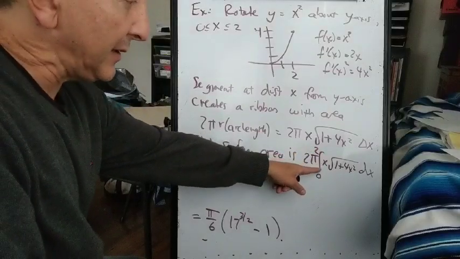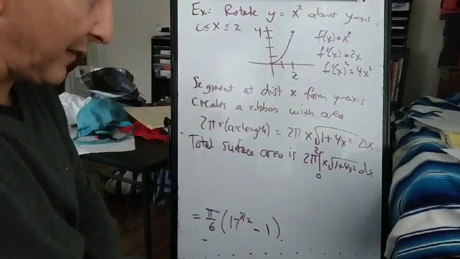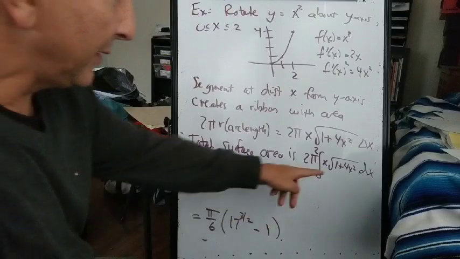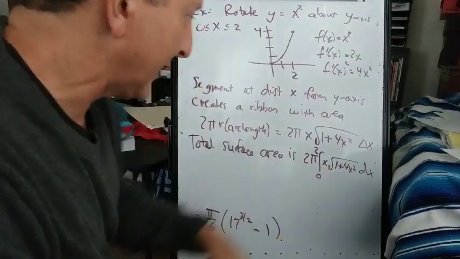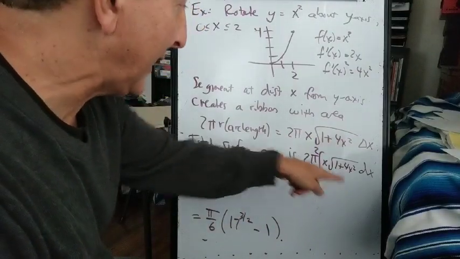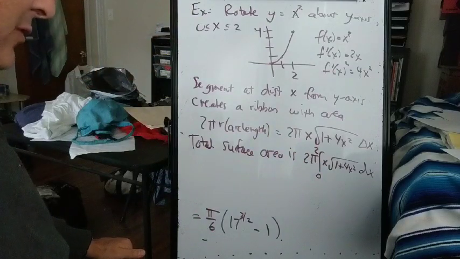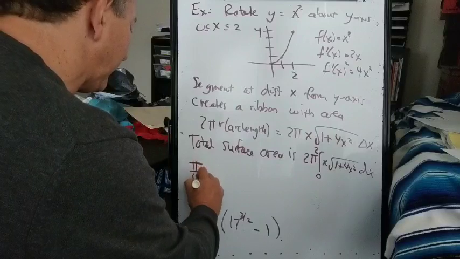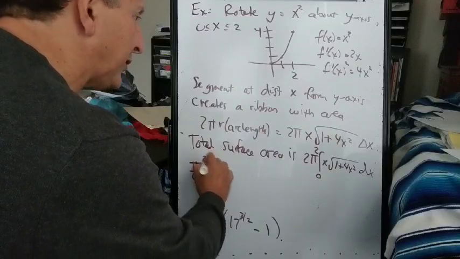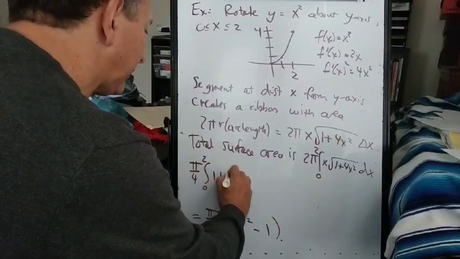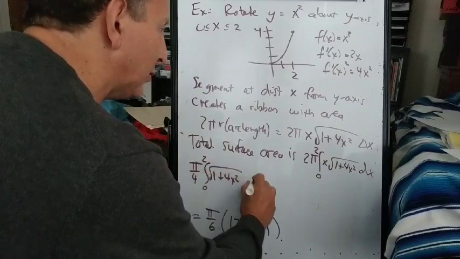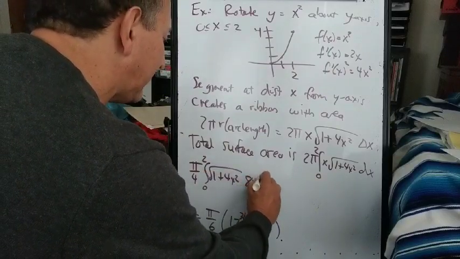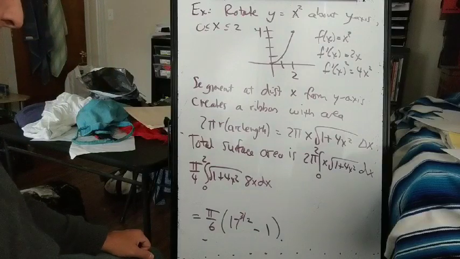Now x is conveniently almost the derivative of what's on the inside of the square root. The real derivative would be 8x. So let me multiply by 8 on the inside and divide by 8 on the outside. So with the division by 8 on the outside, we have pi over 4 integral from 0 to 2 of the square root of 1 plus 4x squared, and now 8x dx.